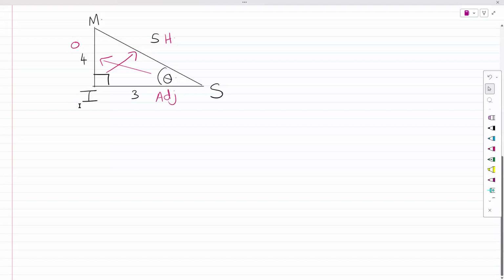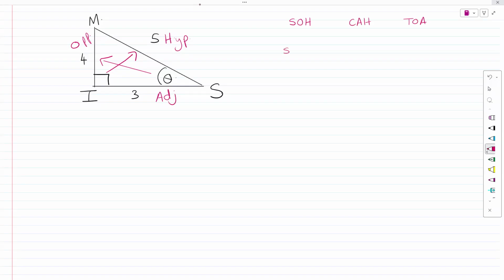Now, why is it important to label opposite, hypotenuse, and adjacent? It shouldn't be that important normally, but in terms of trig, we can use different ratios. We can use SOH, CAH, and TOA. Now, SOH stands for sine equals opposite over hypotenuse.